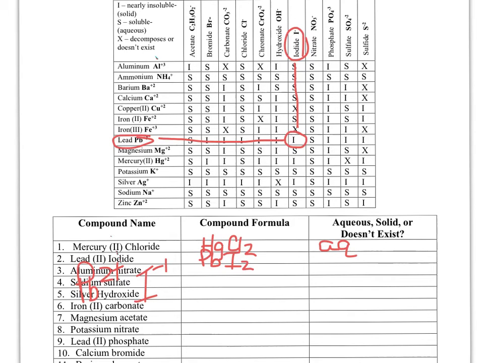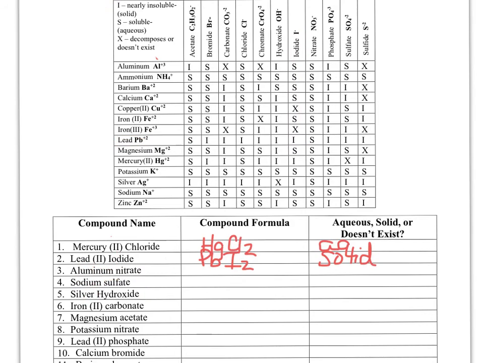And lead 2 iodide ends up being an I. I stands for insoluble, which means that after it mixes and reacts, if it's formed, it would stay a solid in the water solution. So therefore, it would be insoluble. We would actually see it.